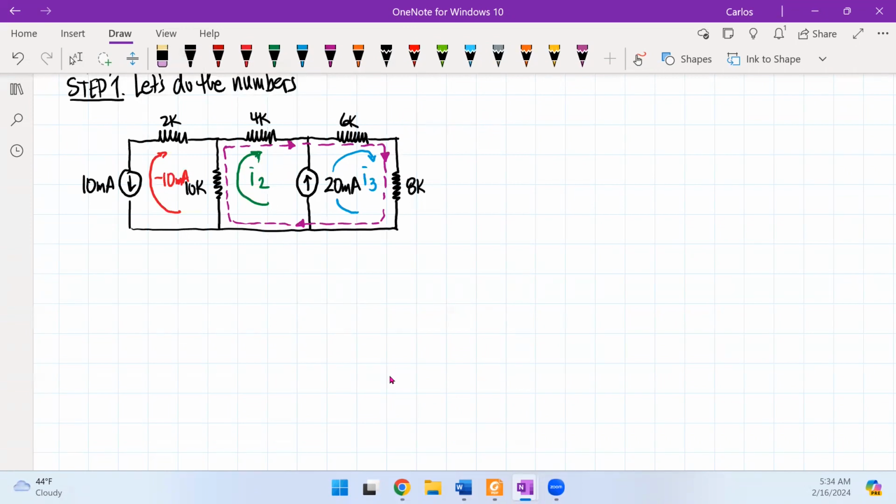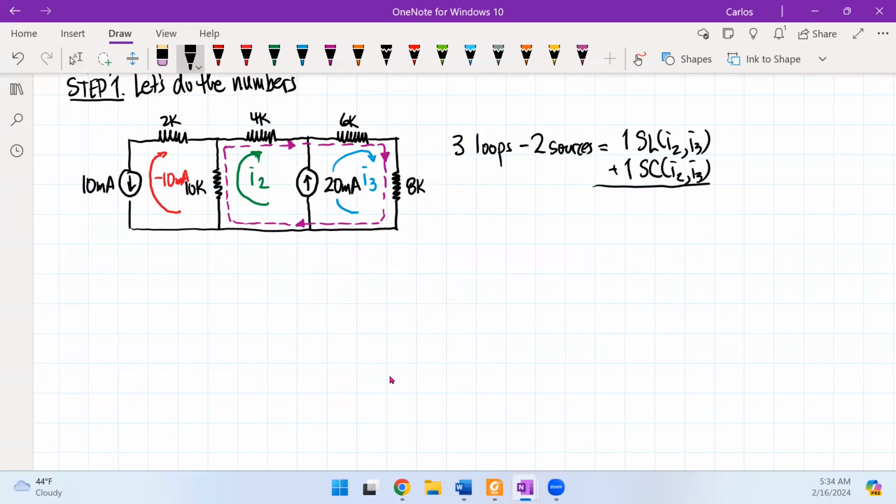So if I do the counting, I'm going to see that I have 3 loops, but I have 2 current sources. That gives me 1 super loop equation for I2 and I3 plus 1 super condition between I2 and I3.